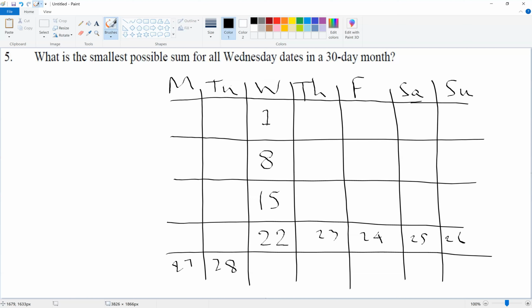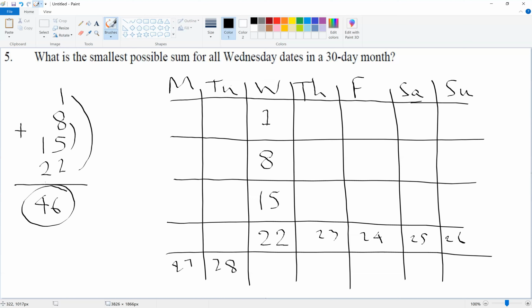Yeah. So this is a possible calendar. So what is the smallest? Wouldn't it be this? Yeah. 23 and 23, which is 46.